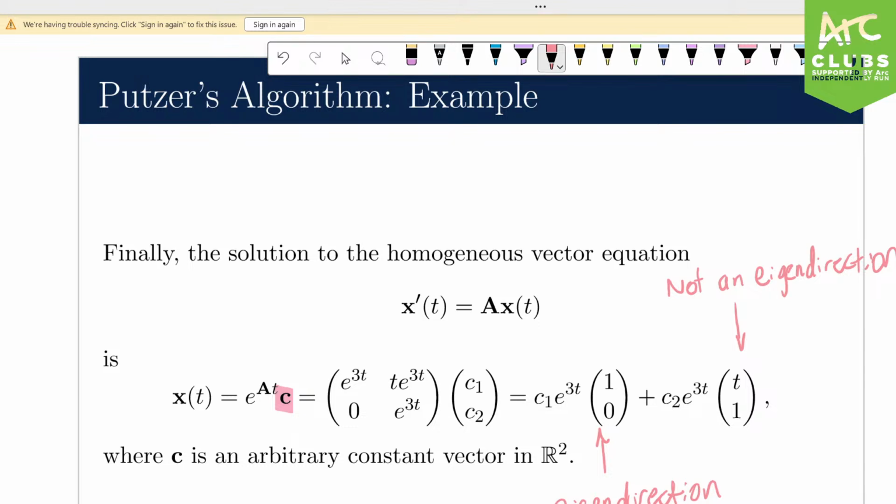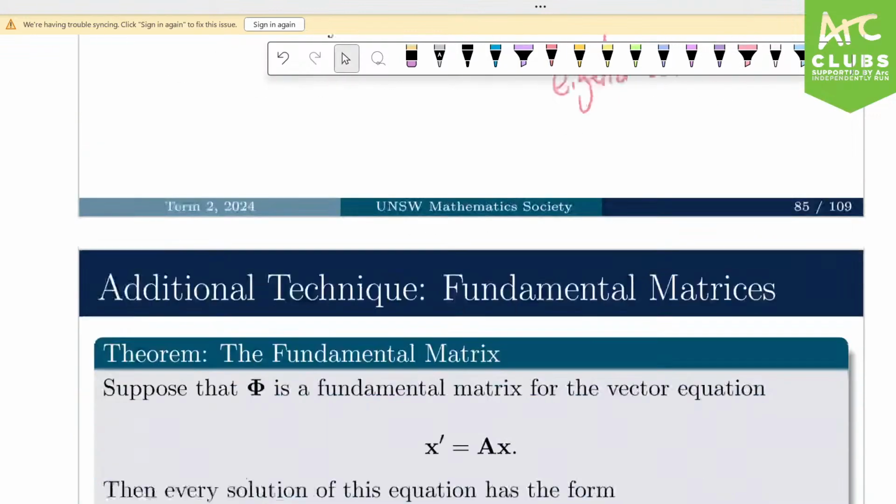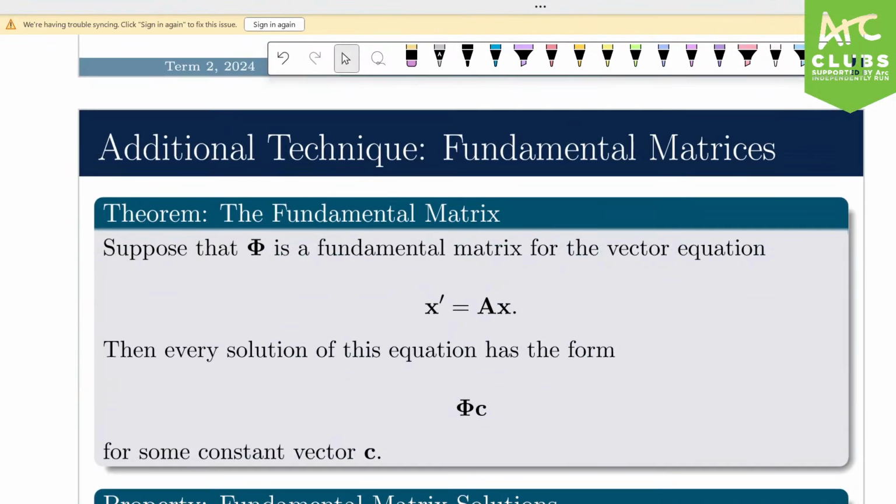Okay. So sort of what we've done from this is we've said, okay, e to the At times c is going to encode every solution to our differential equation. So we're going to call this here something called a fundamental matrix, which is this here. Suppose that capital phi is some fundamental matrix for the vector equation x dash equals Ax.